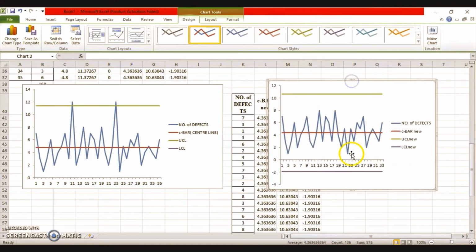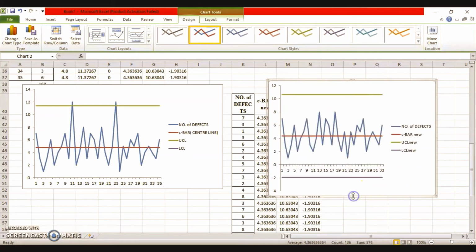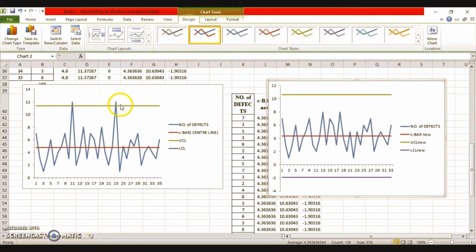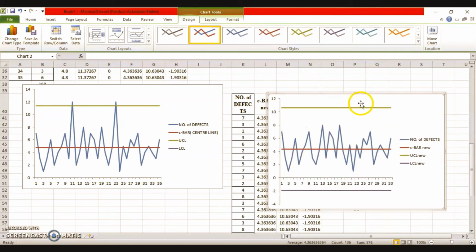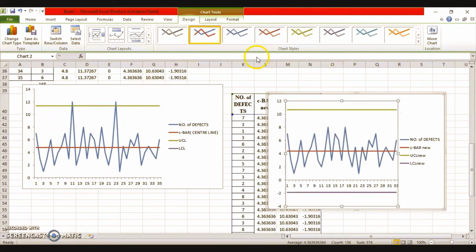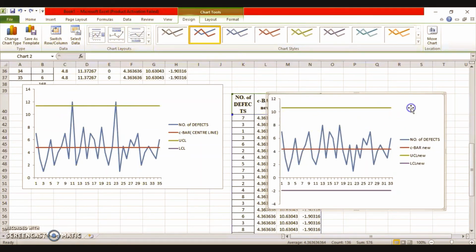The first graph represents the points where basically what happened, we found the 2 points which were out of control, and in this graph you can see there is not a single point which is crossing. One more thing we can do here in this graph is with the lower control limit, right?